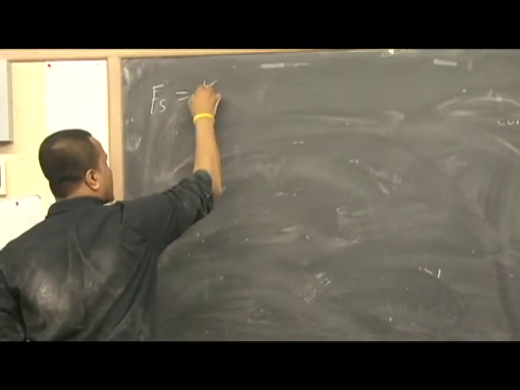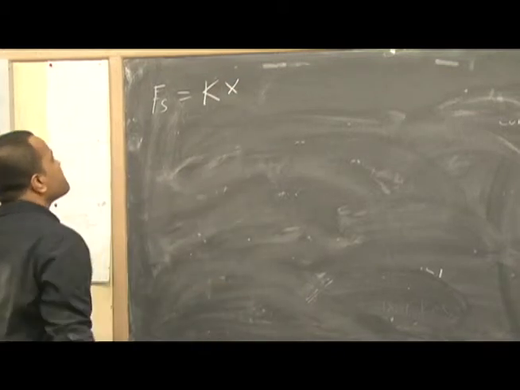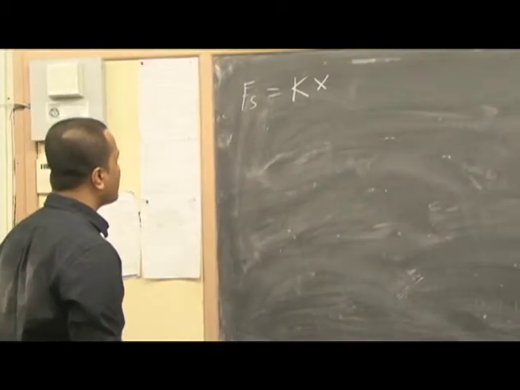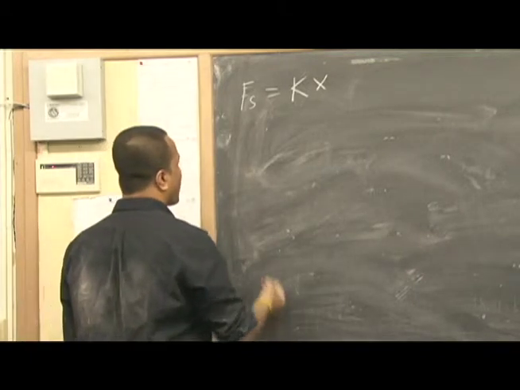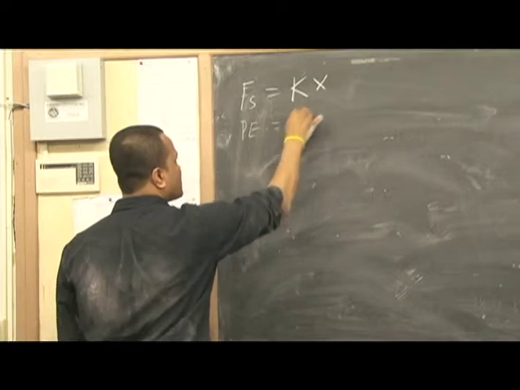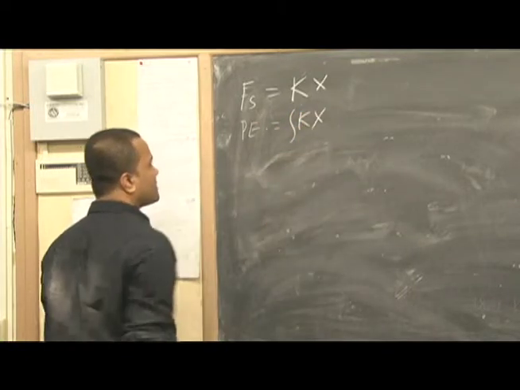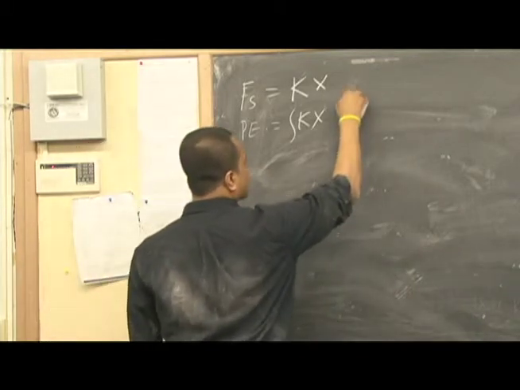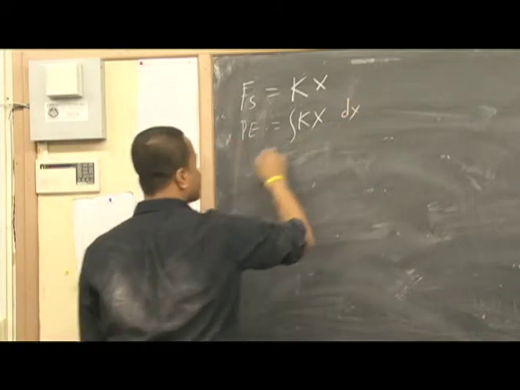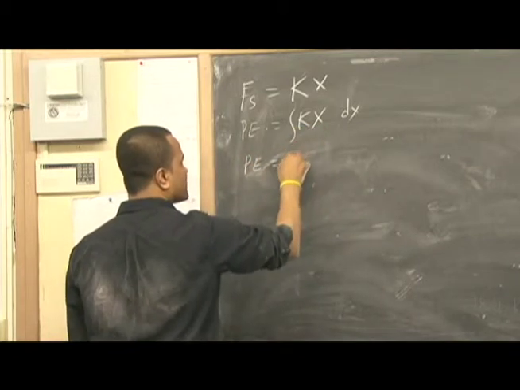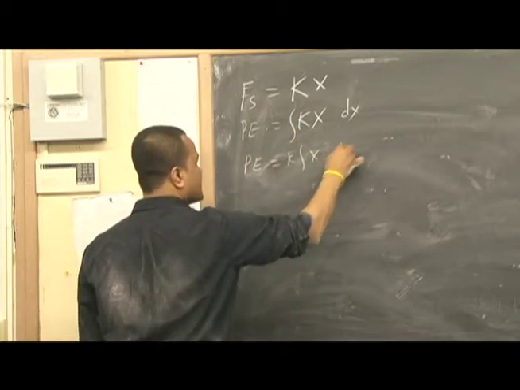is simply kx, right? And with this formula we'll be able to find the potential energy of that spring, which is just this integral of kx dx, which is Pe. You're going to put the k outside, x dx.